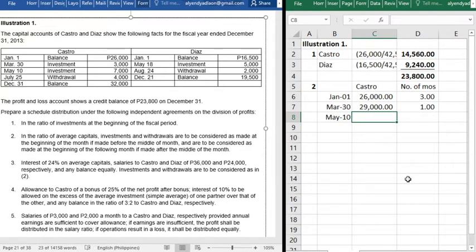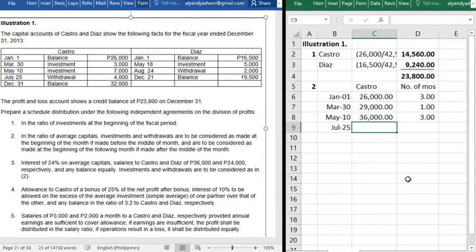Now on May 10, class, there is another additional investment of 7,000. So 29,000 plus 7,000 is 36,000. How many months is that? Since the next transaction is on July 25, this is treated as July 31. So from May, June, July, that is 3 months.